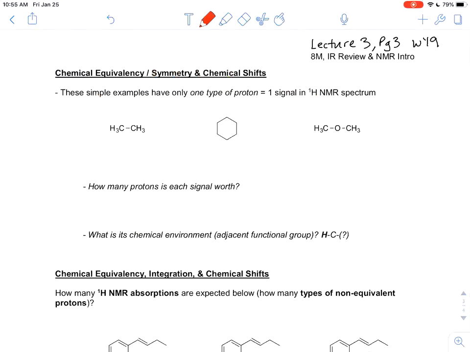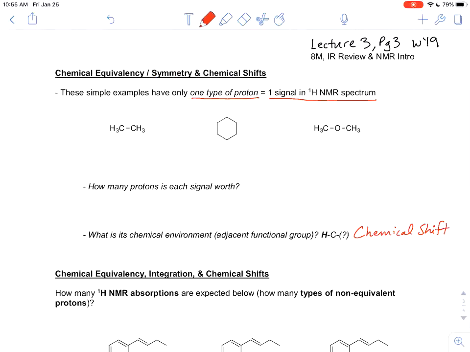So here are some simple examples of compounds that have only one type of proton, which means they're only going to have one signal in their NMR spectrum. And we want to have an idea of why there's only one signal, how many protons each signal is worth, which may be obvious, and then what's its chemical environment, because that's going to tell us where it shows up on the x-axis, or in more technical terms, what is the compound's chemical shift in the proton NMR spectrum.